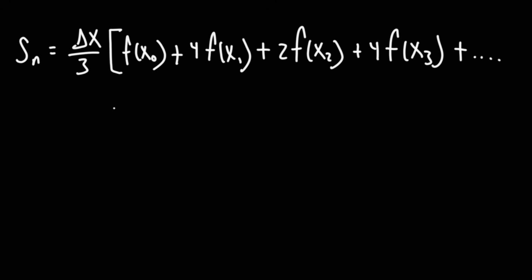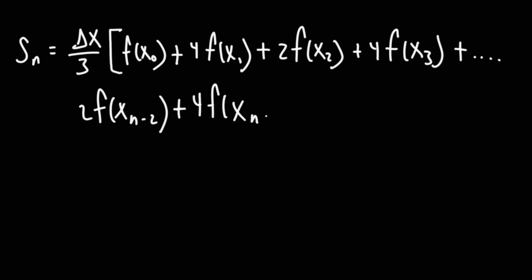Now, the third to last term is going to be 2 f of x n minus 2, and the second to last term is going to be 4 f of x n minus 1, and the last term will have no coefficient in front of it.